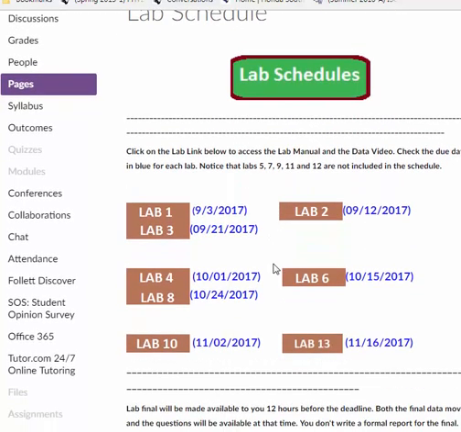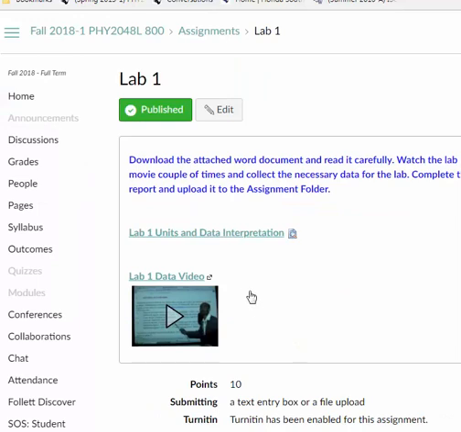And of course, in here you have the dates for each lab given. Lab 1. There are 2 items for each lab. The lab document, download that.